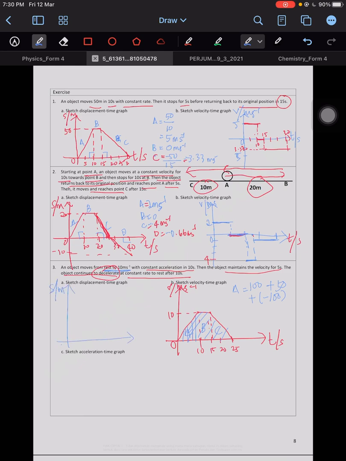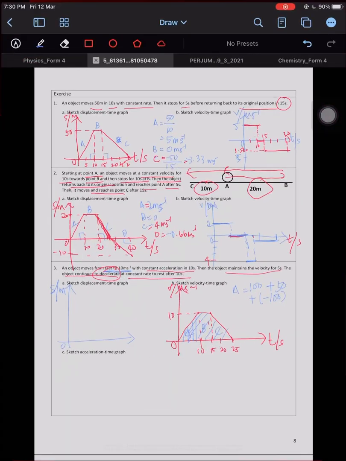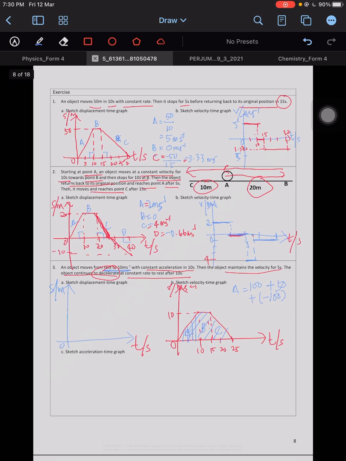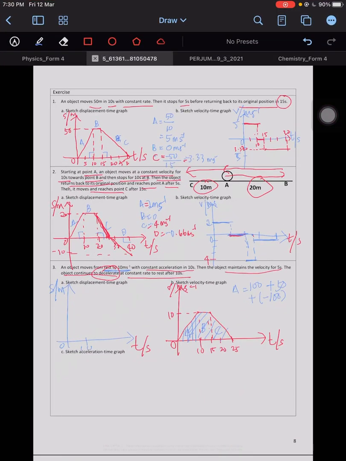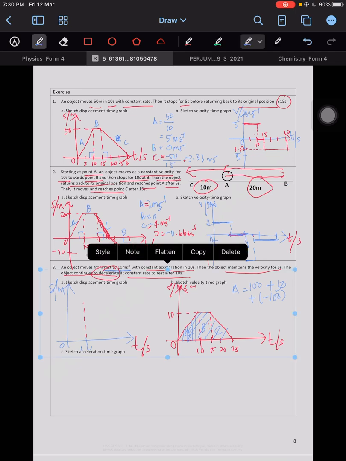Now in this case, first you draw a line, displacement in meters, time in seconds. At first 10 seconds, it travels how far? 100. Let it be 100. And then after that, plus 50.